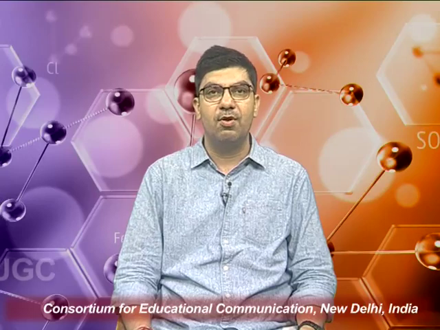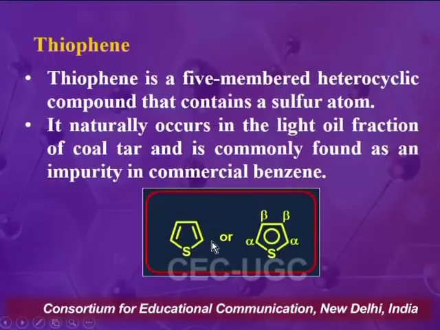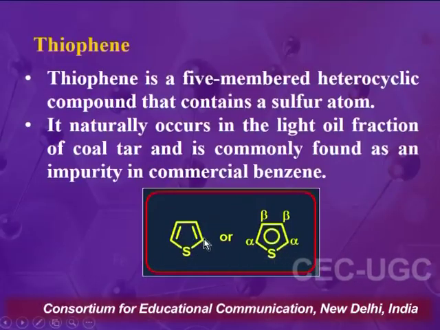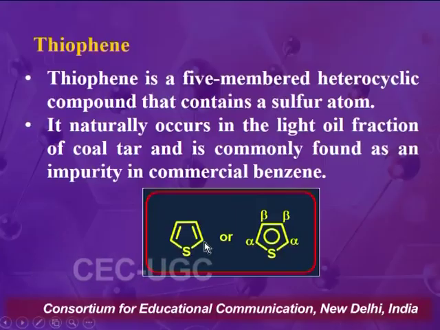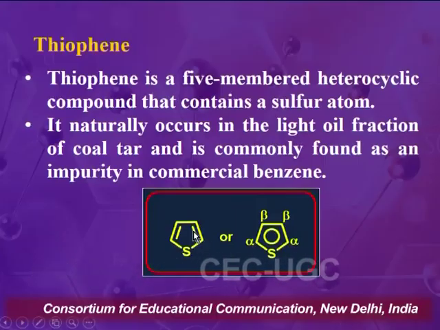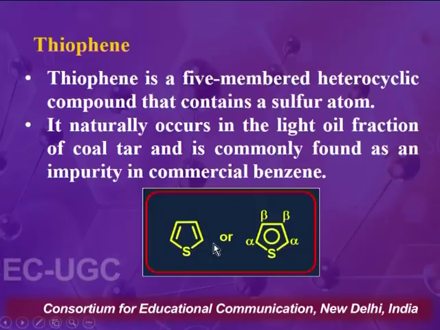So let's start with the basic introduction of thiophene molecule. So as you can see, thiophene is a 5-member heterocyclic compound that contains a sulfur atom. It naturally occurs in the light oil fraction of coal tar and is commonly found as an impurity in commercially available benzene.